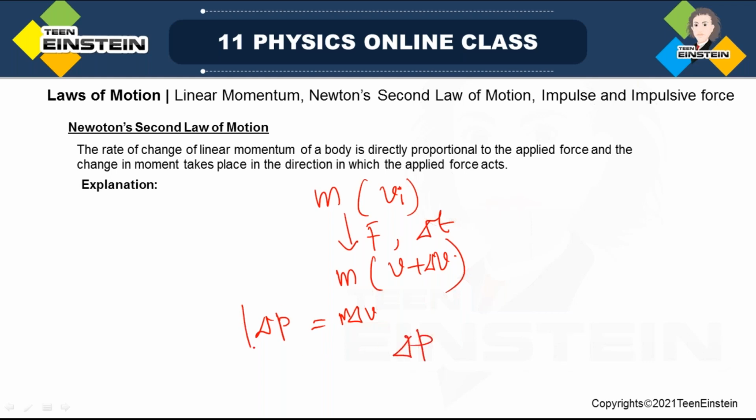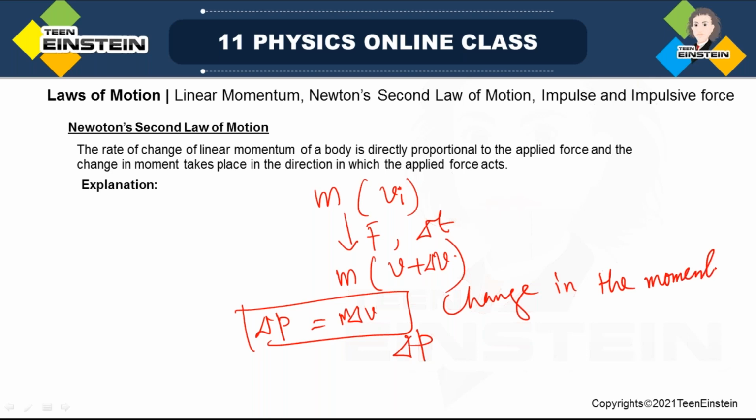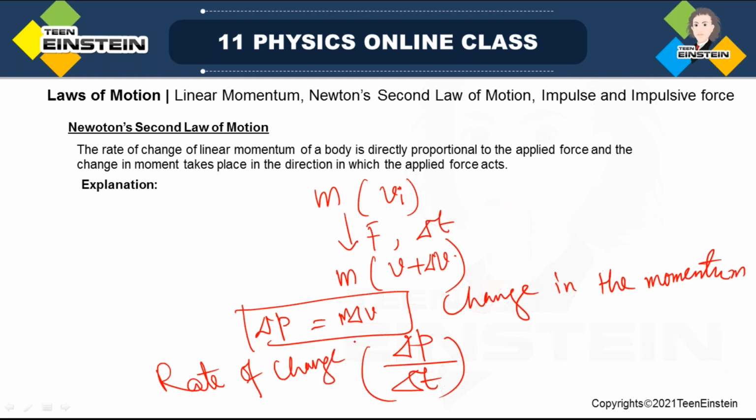This is the change in the momentum, but what is the rate of change of momentum? This is directly proportional to F external, the external applied force.